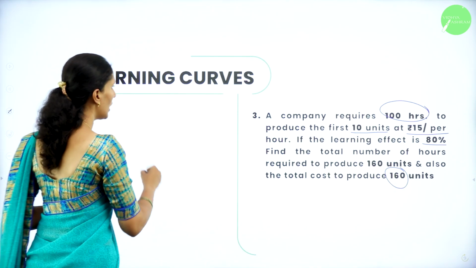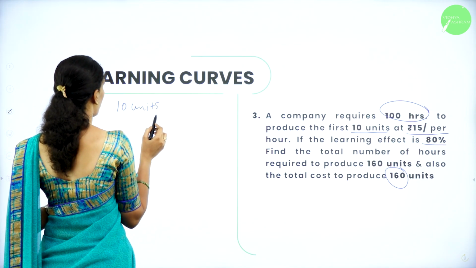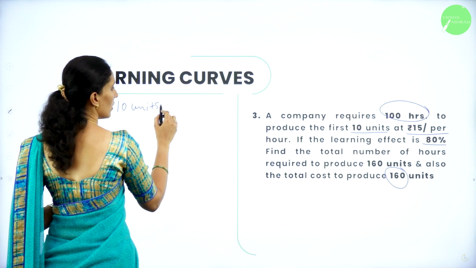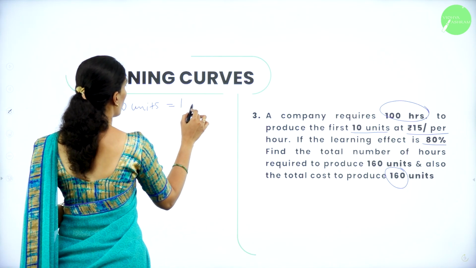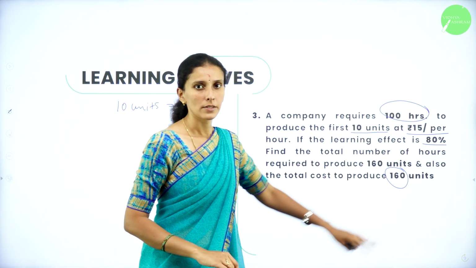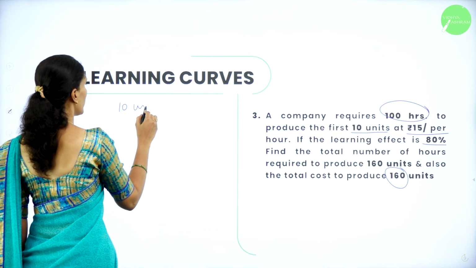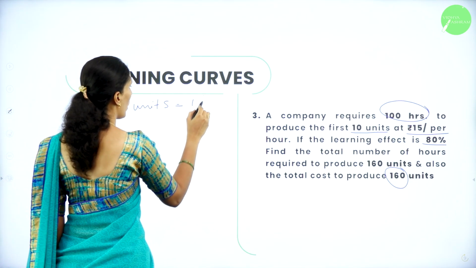So what I'll do here, I'll take 10 units is equal to 1 unit. So then 160 units. Now I'll take these 10 units as one lot. So 10 units is equal to 1 lot.